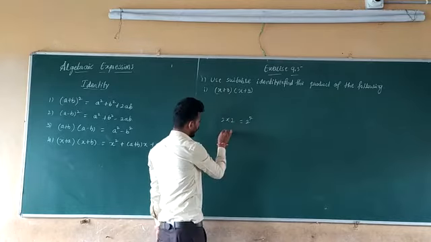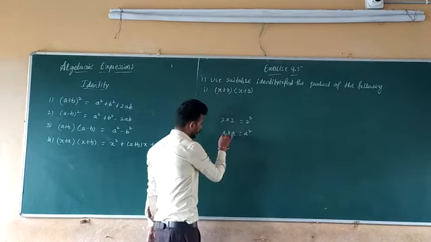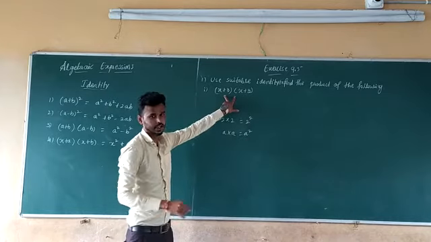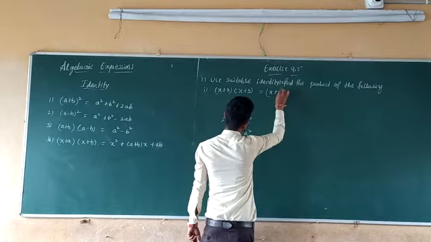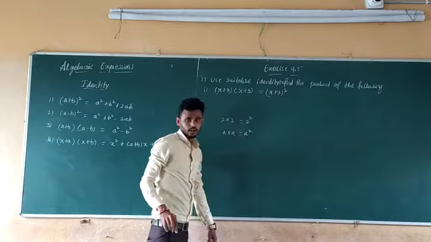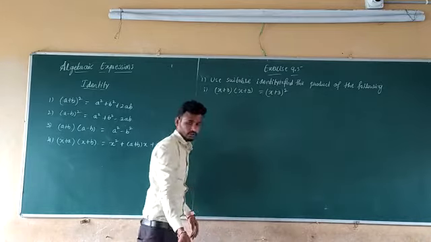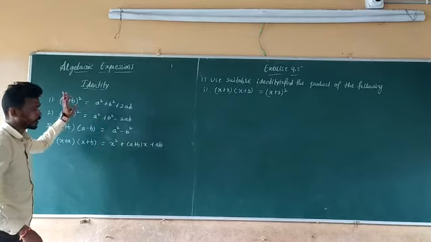Like 2 into 2, what will you write? 2 square. Or like a into a, what will you write? a square. If two things are same, you can write square. So here two expressions are same. So we can write this as (x plus 3) square. Now it is of the form of which identity? First one, a square plus b square plus 2ab, (a plus b) square.